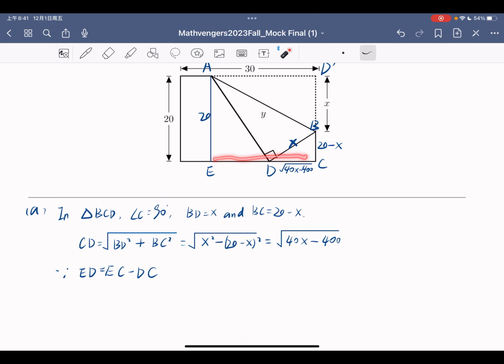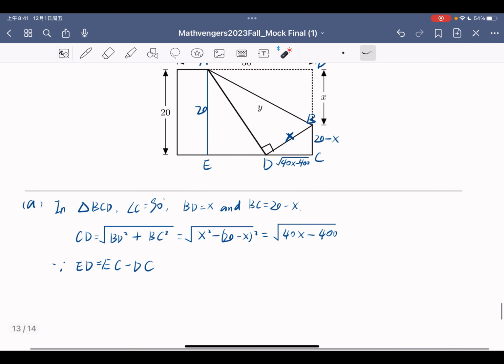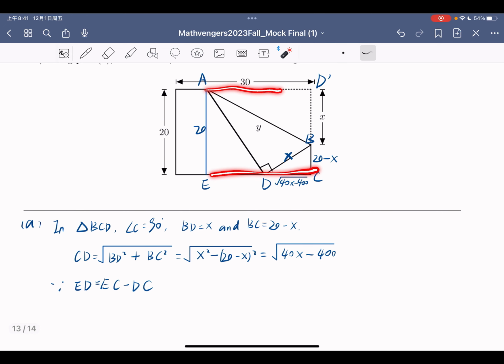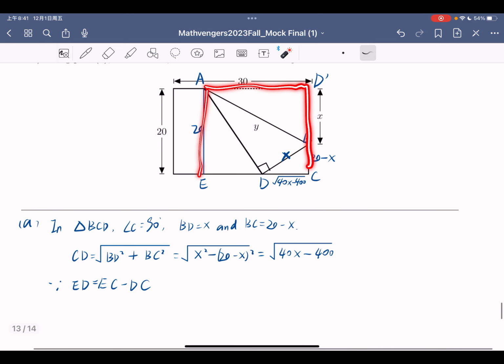EC is actually equal to AD prime because this is a rectangle.